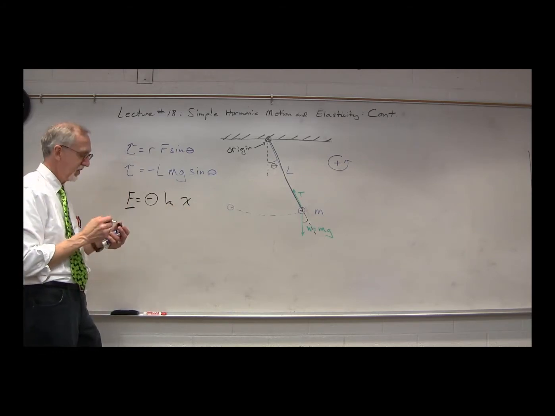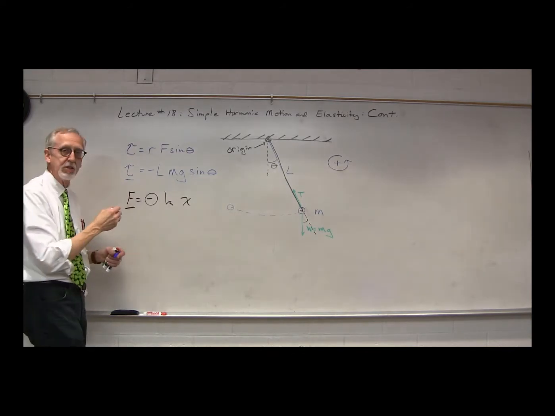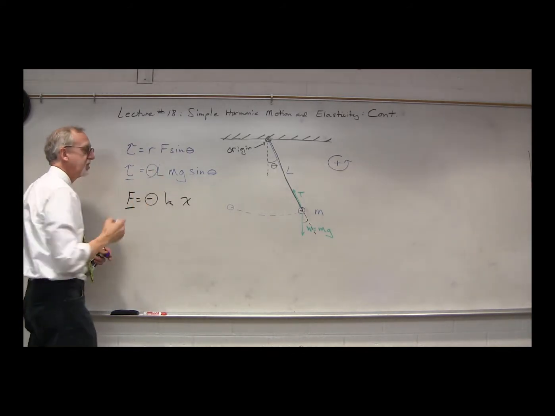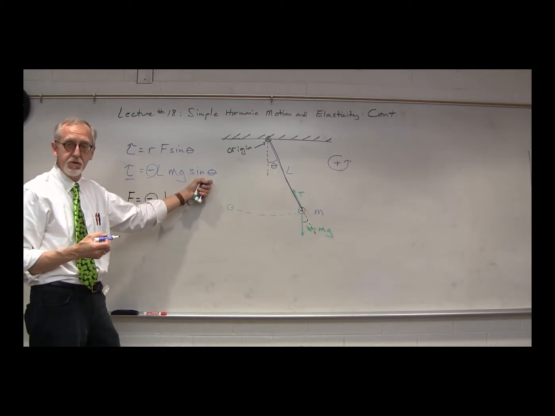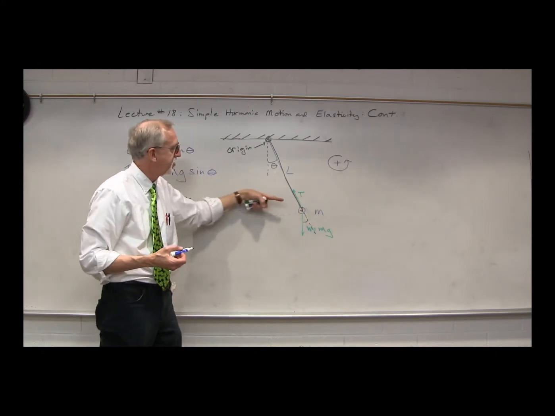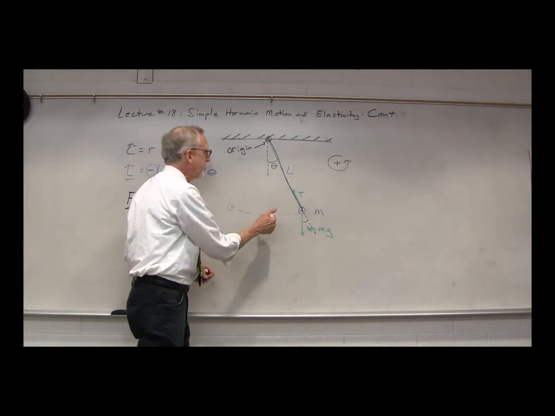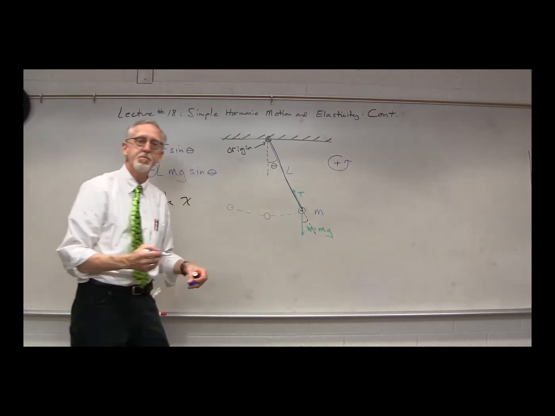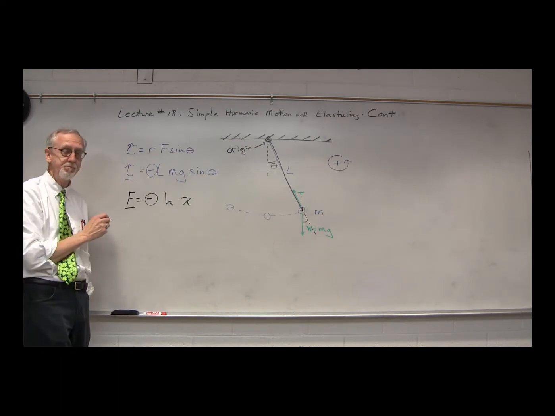Well, what do we have in this case? We have a restoring torque, and we know it's a restoring torque, again, because of that negative sign. The torque is always going to be in the opposite direction of the displacement. If theta is positive, the torque is negative, restoring the mass back to its equilibrium position, back at the very lowest point. So good, we have a restoring torque.